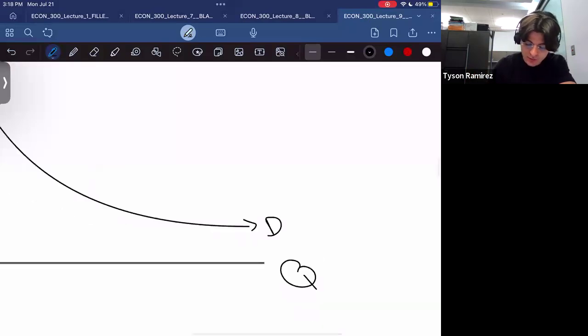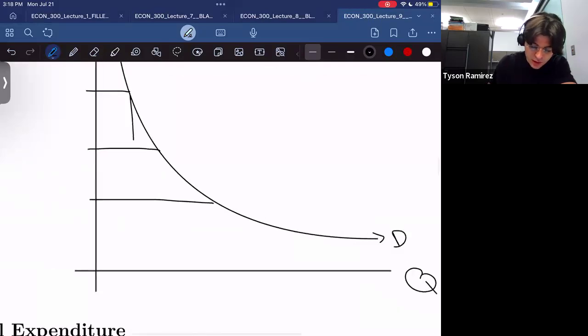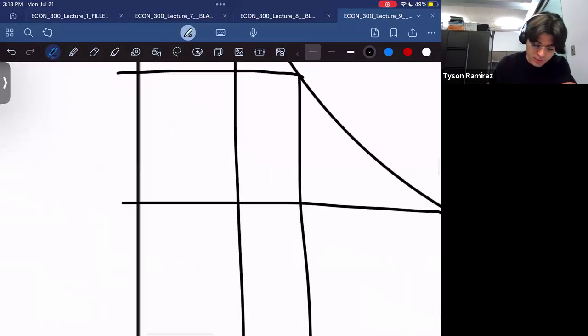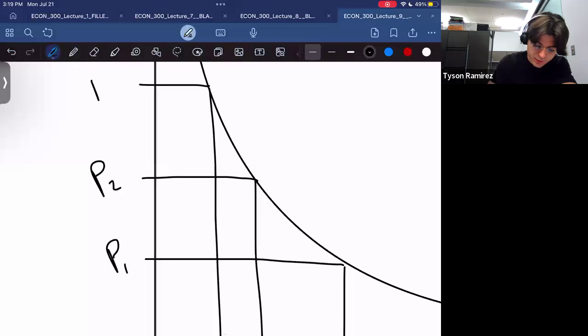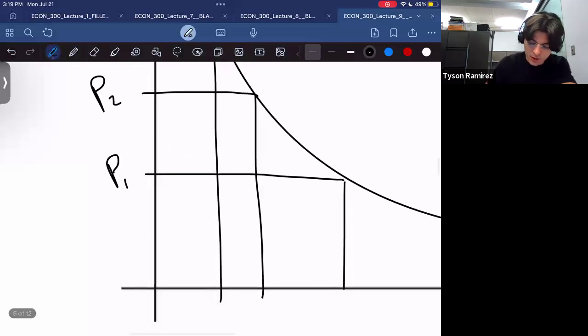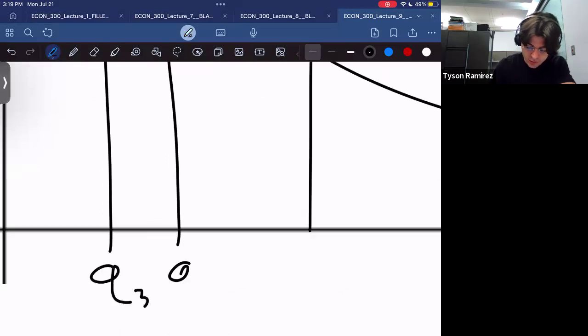This is the demand curve. The idea was that at these different price levels, P1, P2, and P3, we had these different quantities demanded.